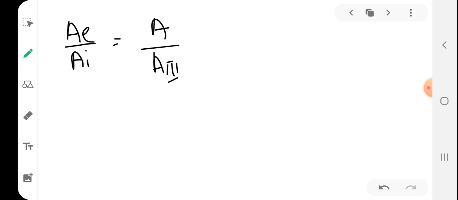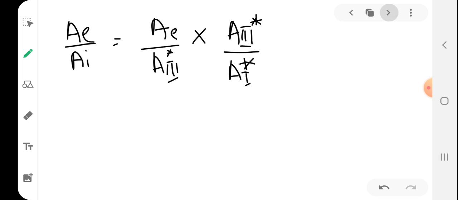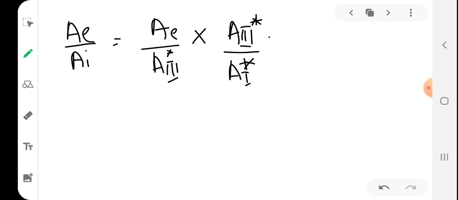I will write it once more: AE by AI can be written as AE by A3 star into A3 star by A1 star into A1 star by AI.